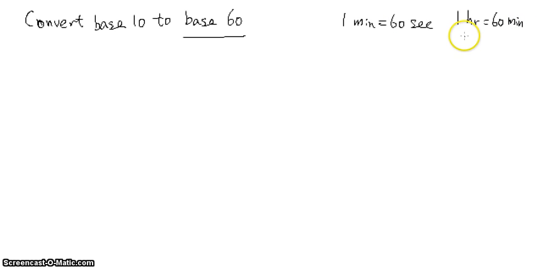So we can use multiplication, 60 times 60, because 1 minute is another 60 seconds, so we get 3600 seconds.